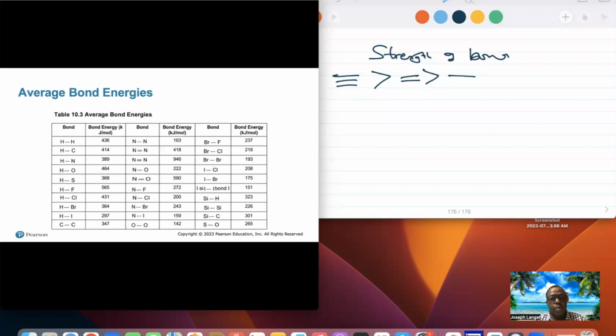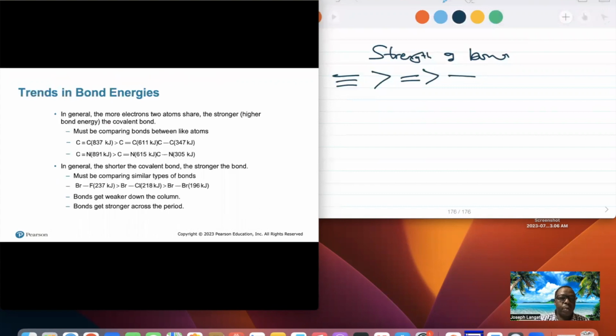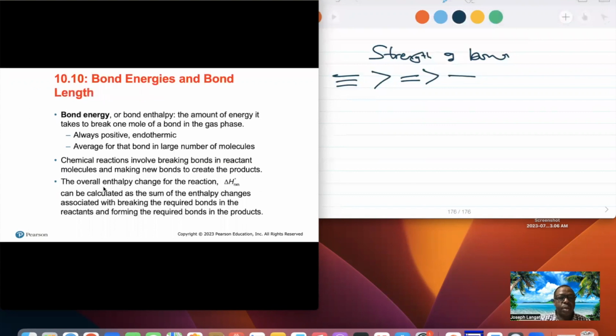We're going to be looking at this later on, on how to calculate the enthalpy for a reaction. The overall enthalpy change of a reaction can be calculated as the sum of the enthalpy changes associated with breaking the required bonds in the reactants and forming the required bonds in the products.